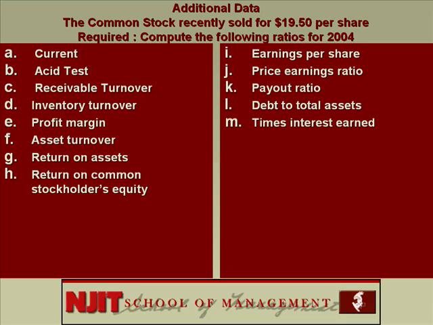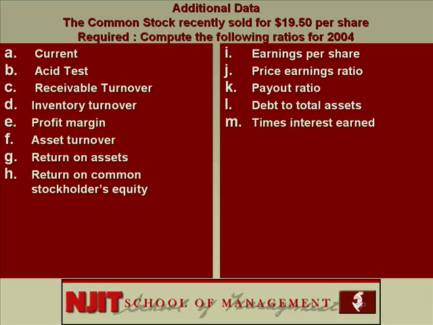How do you get the beginning assets? What they had on the last day of 2003 is what they have on the first day of 2004. That's 560,000. At the end, it was 638,000. So the average for the year 2004 is 560,000 plus 638,000 divided by 2.